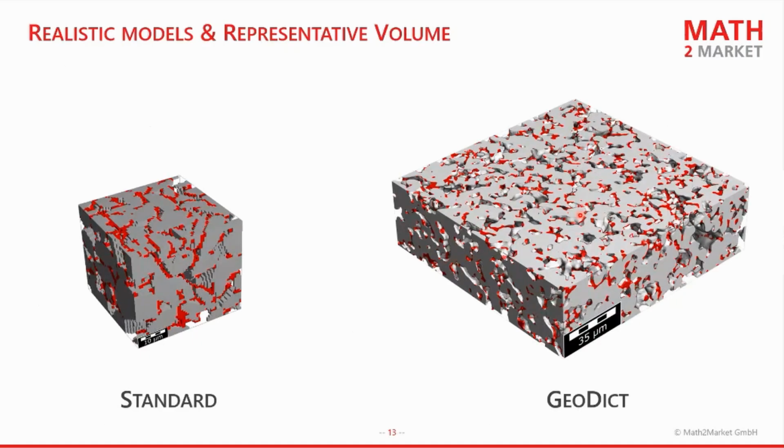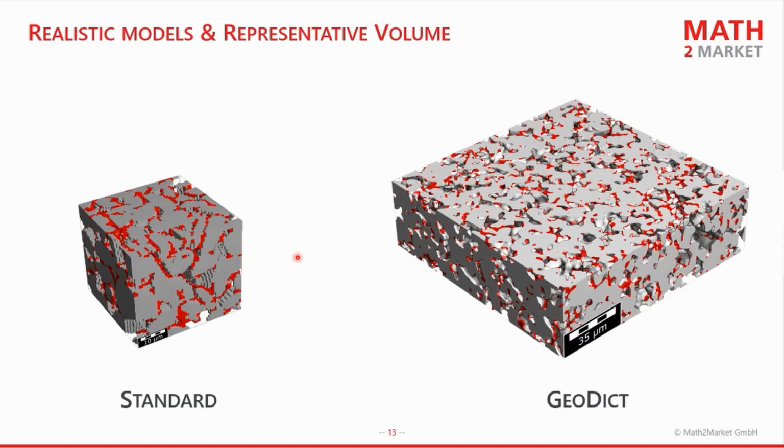So what's special about GeoDict? We think that you need a realistic model and a representative volume. And with other solutions, you maybe can generate only very rough microstructures, or you can only simulate a small volume that might not be representative for the electrode because the hardware requirements of 3D simulations are very high.